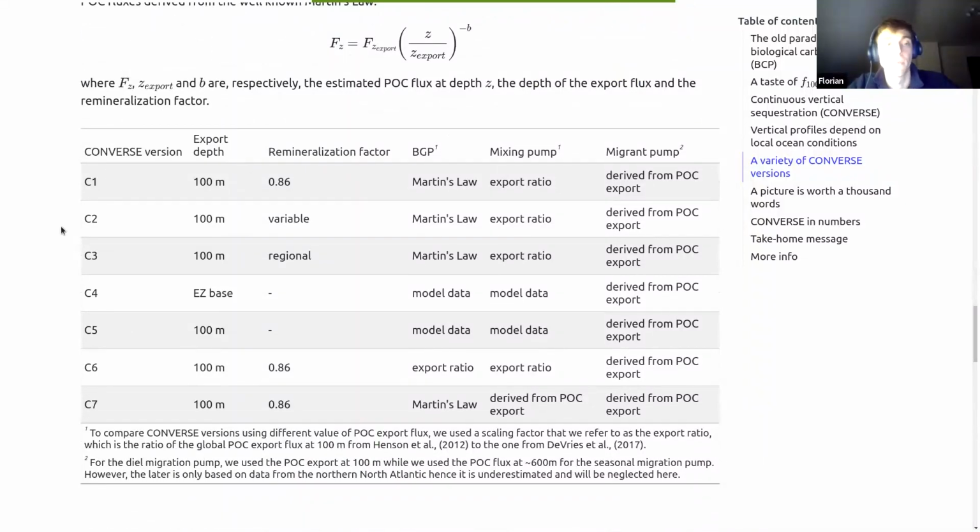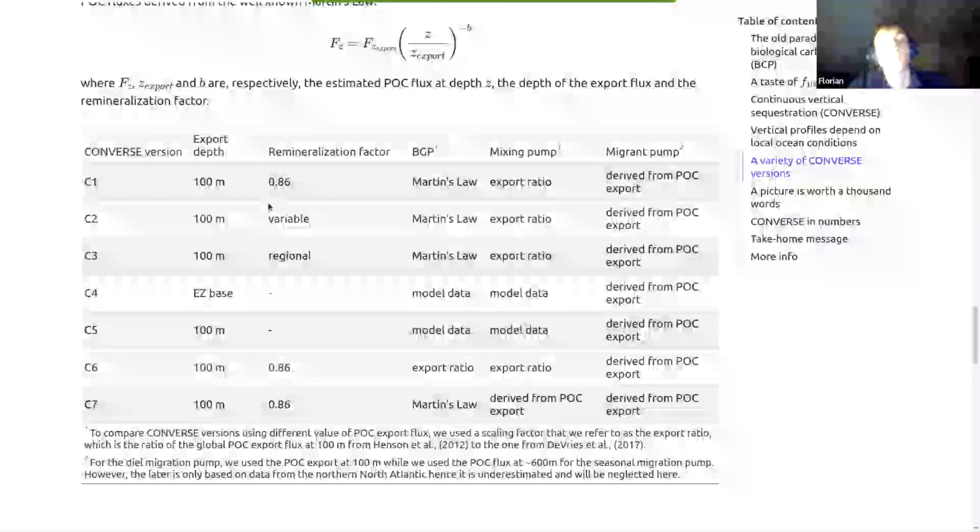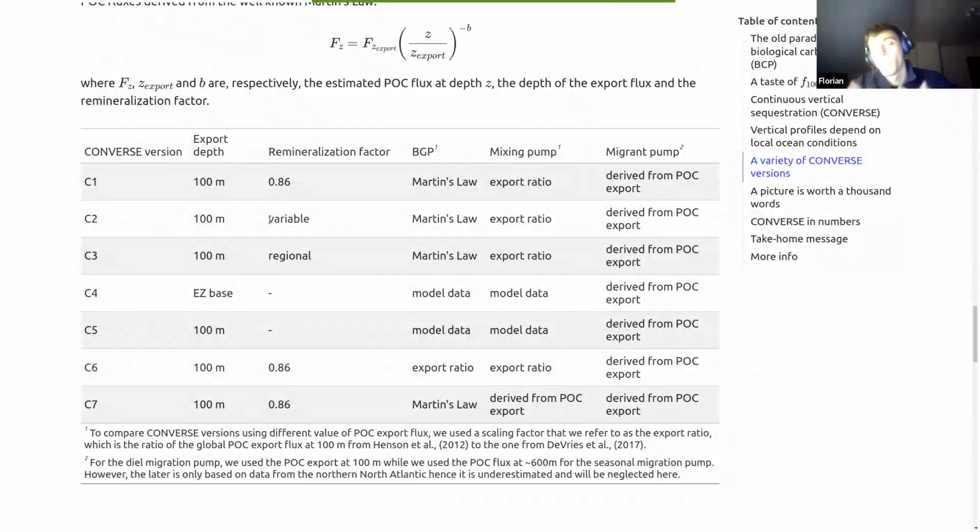So for the first 3 versions, those are all the same, except that we use a constant value for the b factor, or a geographically variable value, or even a zonal one, a regional one. And we compute the BCP using Martin's law, the migrant pump, but only the daily migrant pump, because we do not have enough data for the seasonal migrant pump.